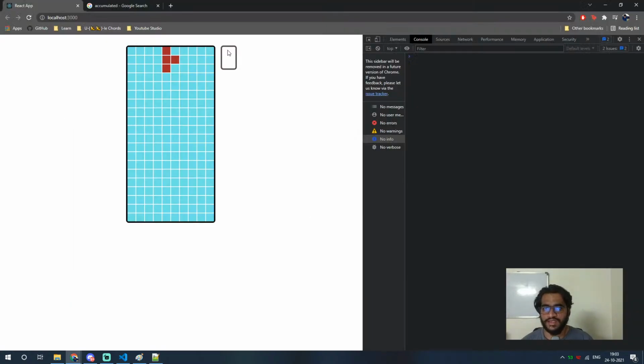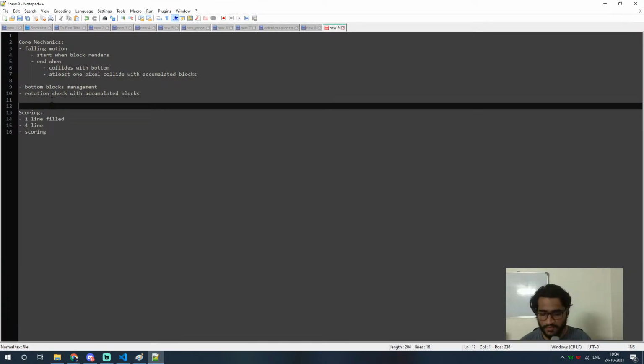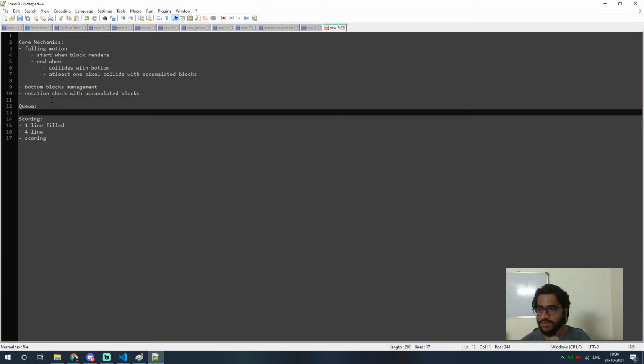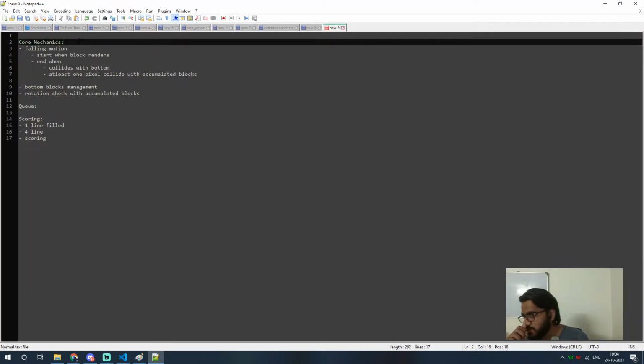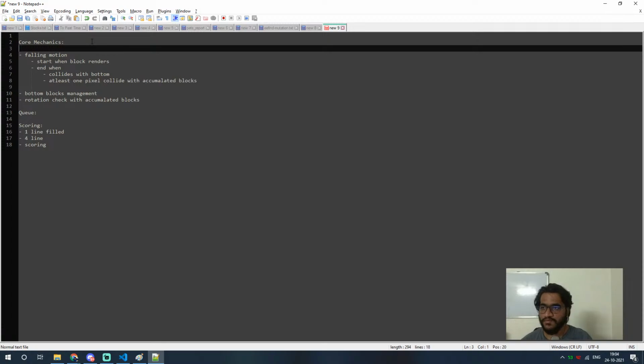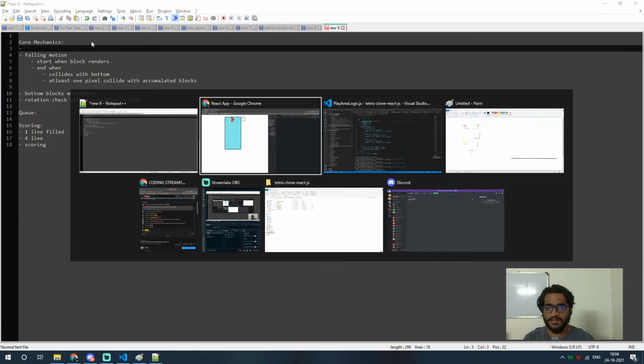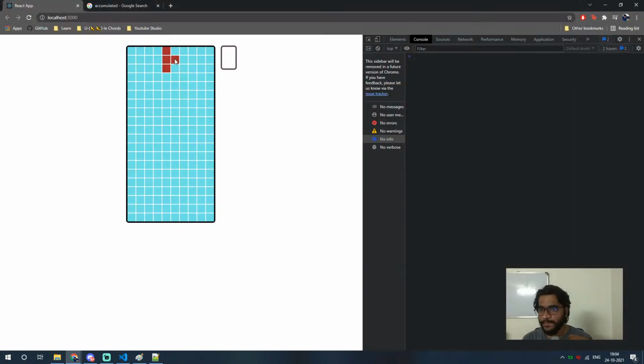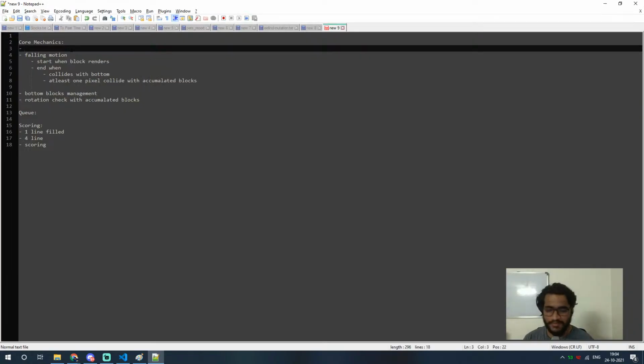And then there would be this queue. I think first we would require to work on the queue. So while working on core mechanics, we would make buttons which would render a particular block on our command, just for fun because it doesn't come in the game.